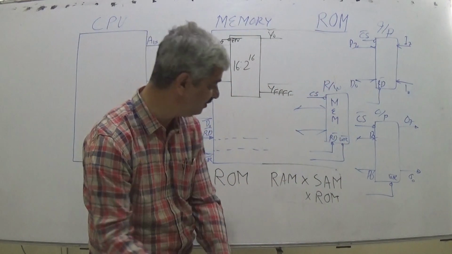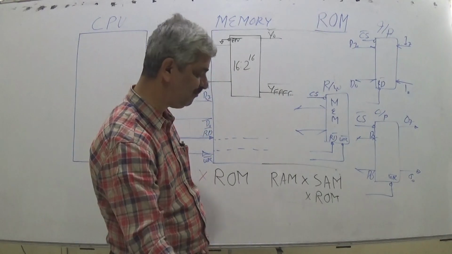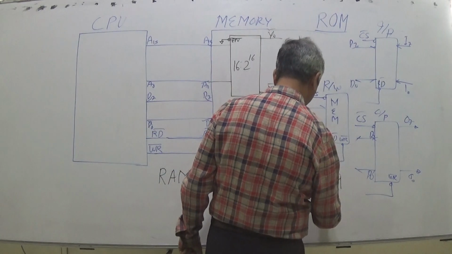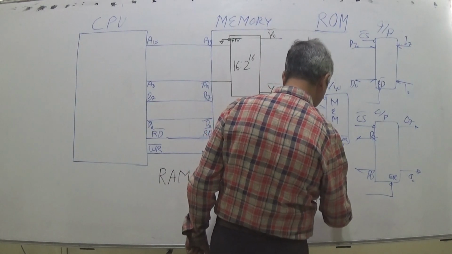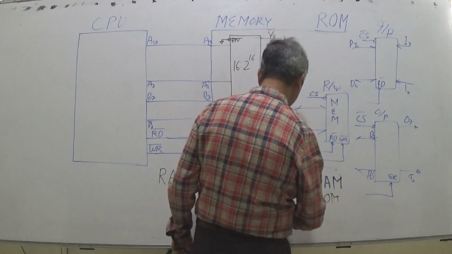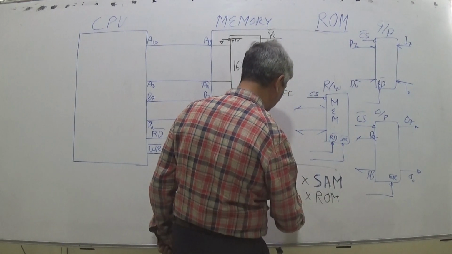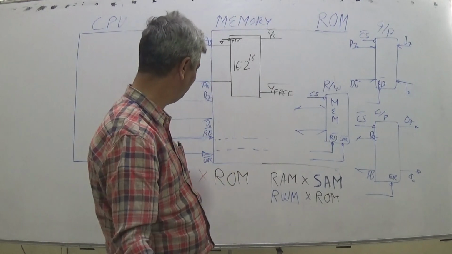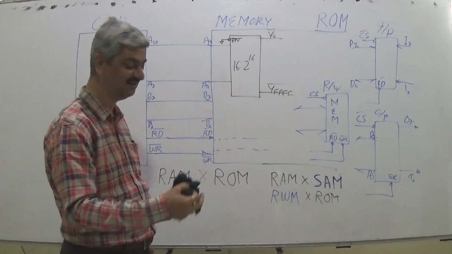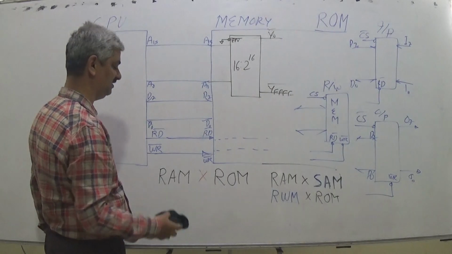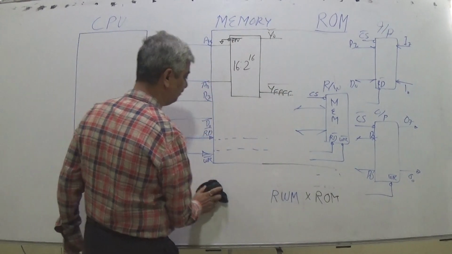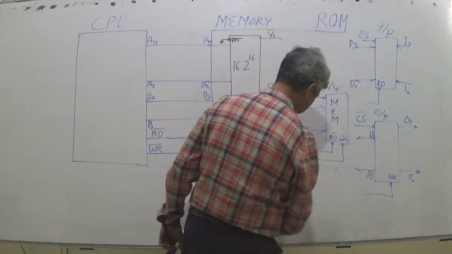And the opposite of ROM, read only memory, is RWM, read write memory. So somehow accidentally we think that RAM and ROM are opposite features. It's not like that. In general, now there are 4 types of memory locations.